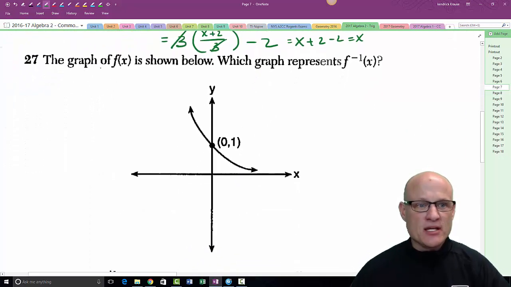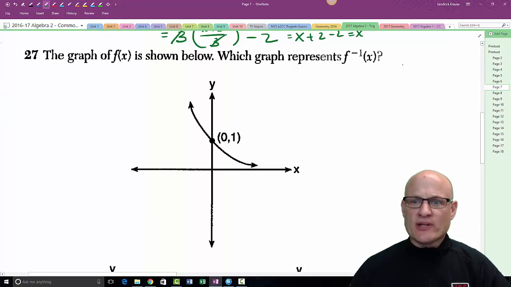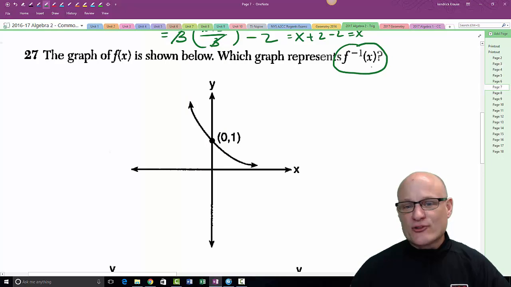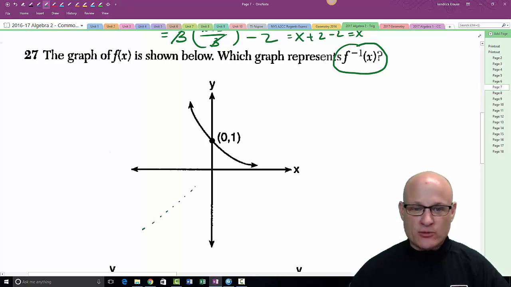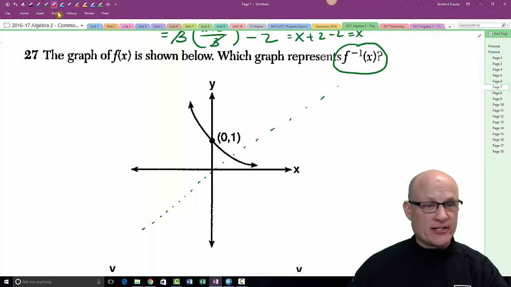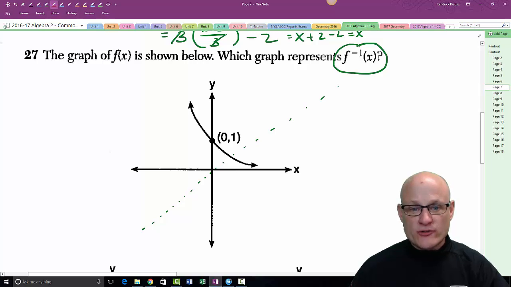Which graph represents the inverse of f? Now, if you remember correctly, inverses are reflections over the line y equals x. So if I draw that line in, y equals x, there it is. And I graph this and I reflect it. This point here is going to go to 1, 0. It's kind of hard to look at, you have to think about it. So this point would go here. And would it?